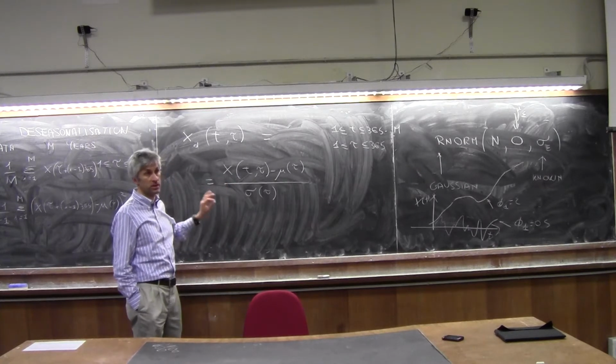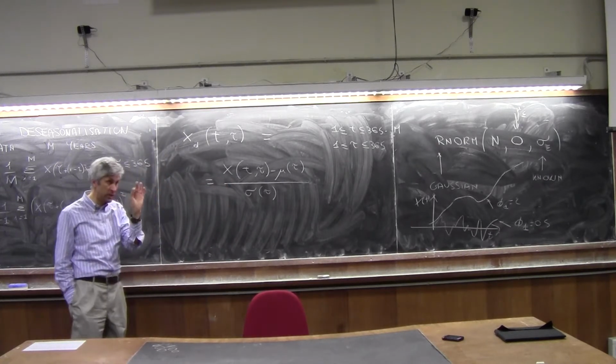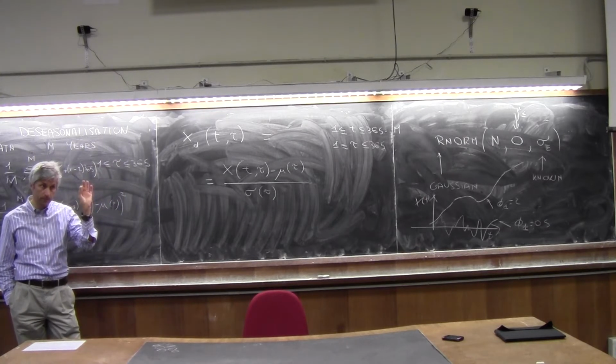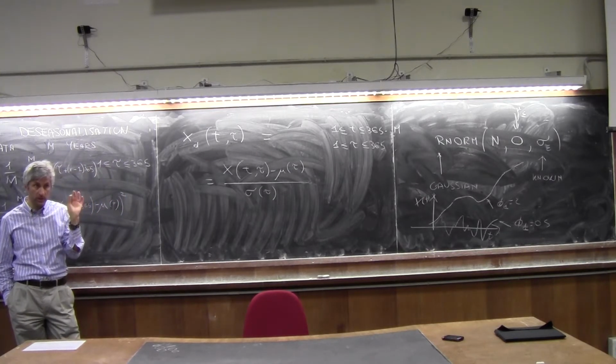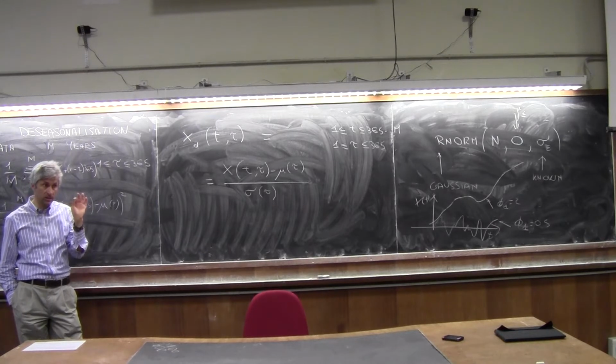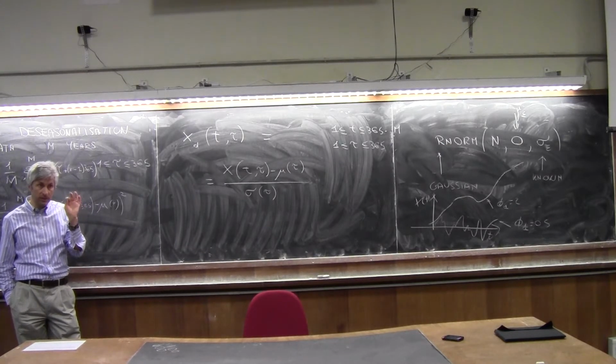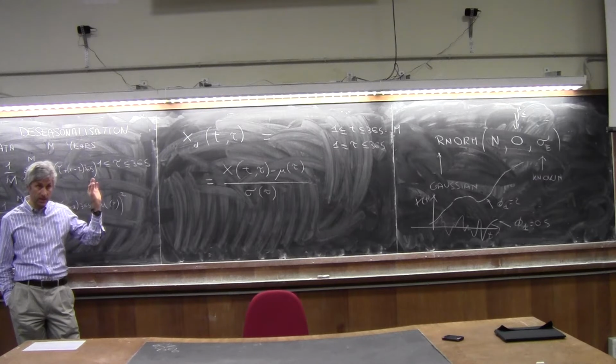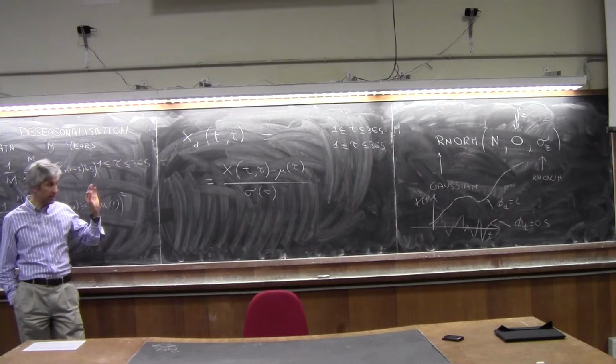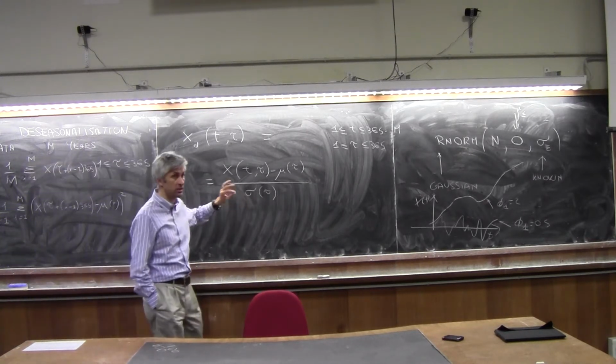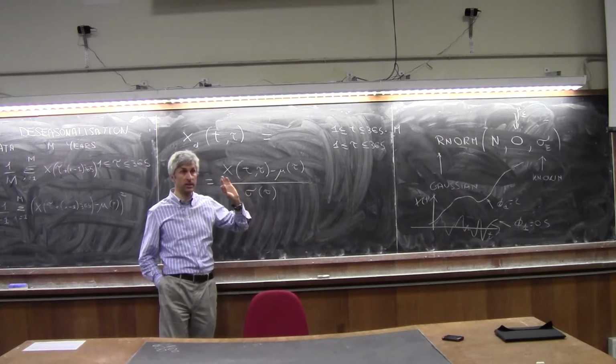So what I'm doing with this relationship, be careful, to each data point, I am subtracting the mean of the data observed in that day, and I am dividing by the standard deviation of the data observed in that day.